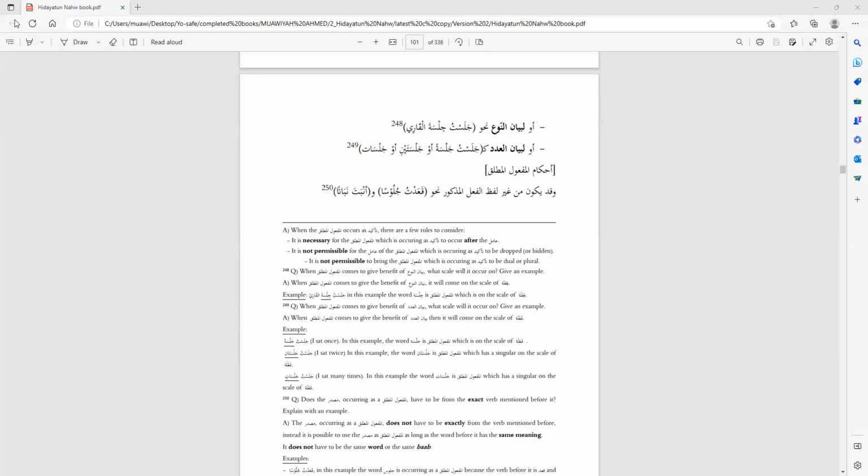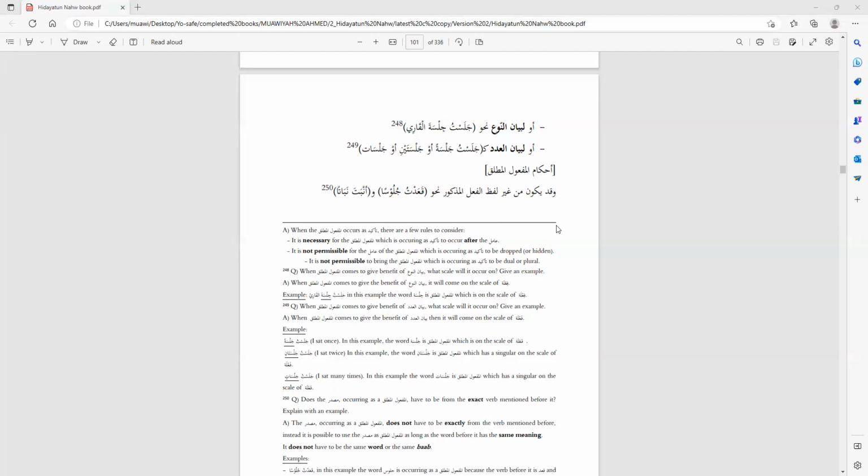It doesn't have to be the same word. It can be a different word but with the same meaning. نحو قعدت جلوسا. It's a bit confusing, but I'm trying to get all the words translated.